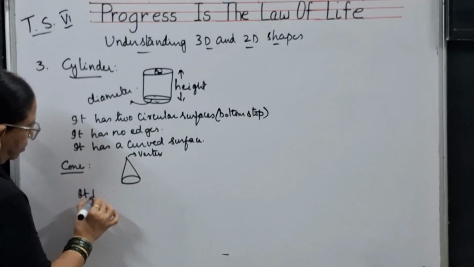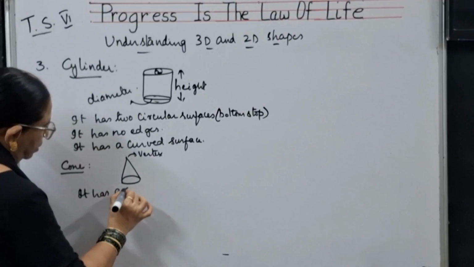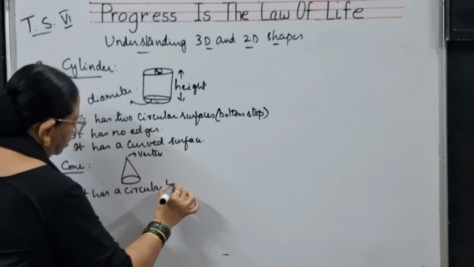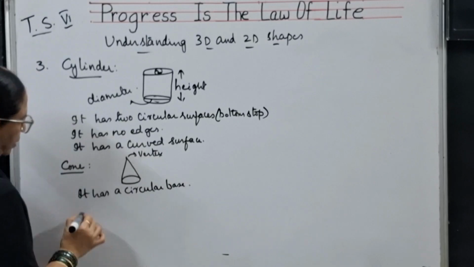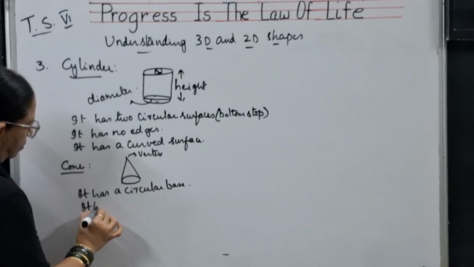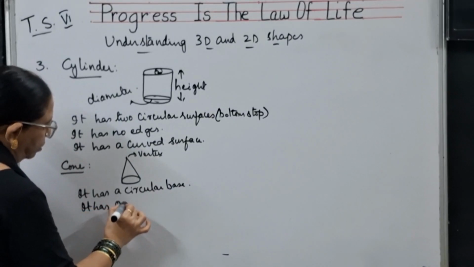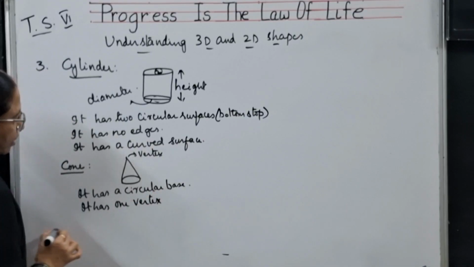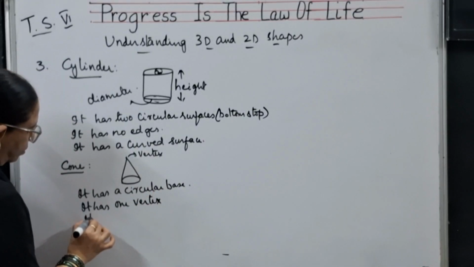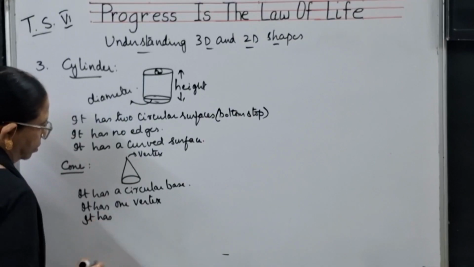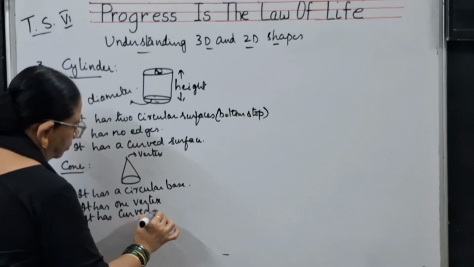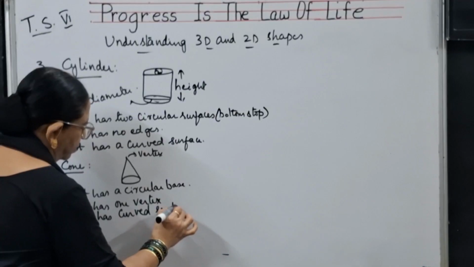So it has a circular base and it has one vertex. And the remaining surface is curved surface.